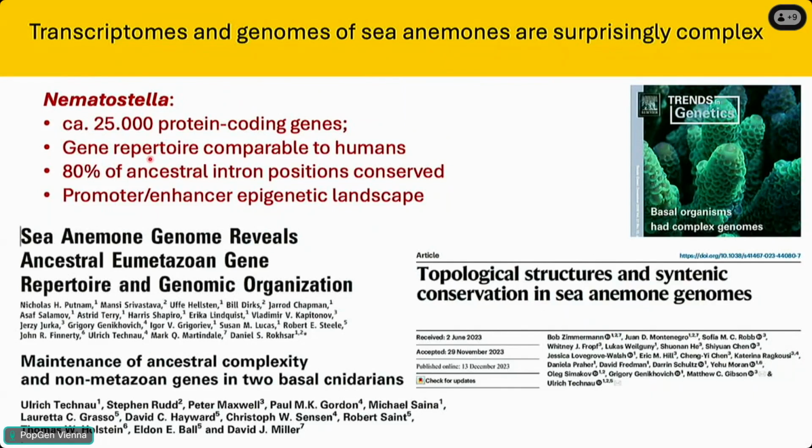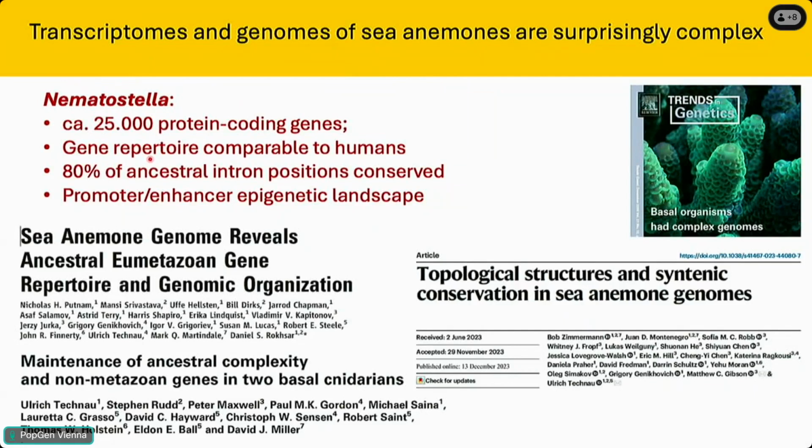And so there's a lot of gene repertoire, and for some time we thought, okay, why are they genetically so complex? Maybe they don't have very simple cis-regulation, and that makes the difference in their complexity. But then we found that their promoter and enhancer epigenetic landscape uses the same histone modifications marking enhancers and promoters, and we have distal enhancers.